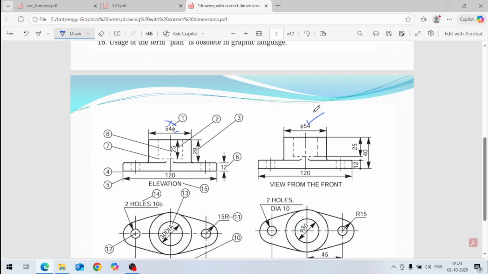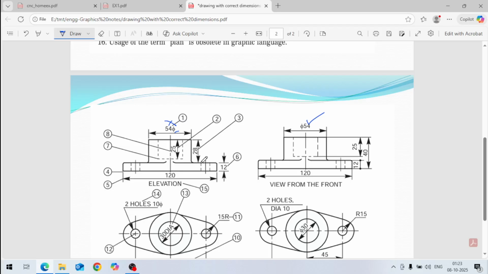And in number 2 and 3, if you see here, what is there? This is a feature. We have cut this depth. In this feature, as an extension line we are using the feature itself, which is wrong. In number 3 also, this is your dimension line and this is your extension line.